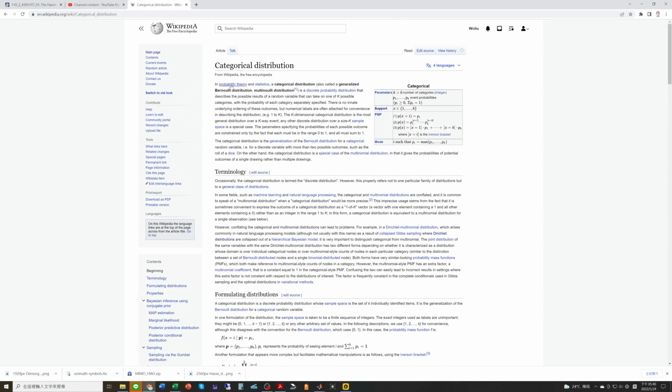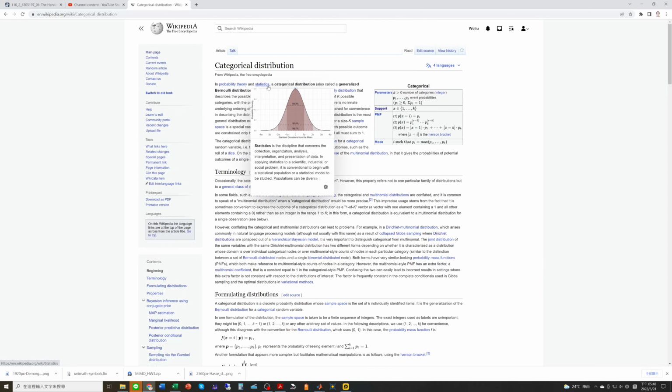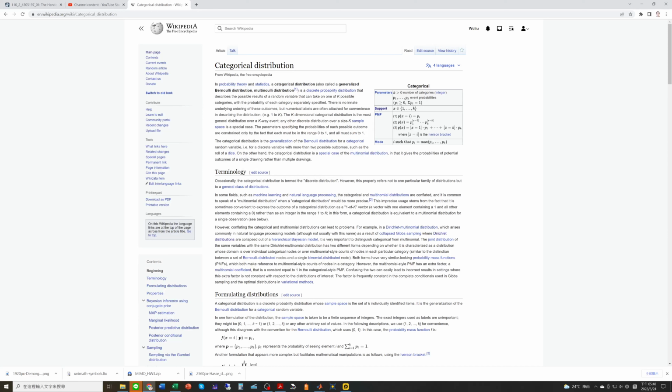Okay, in probability theory and statistics, a categorical distribution, also called a generalized Bernoulli distribution or multinoulli distribution, is a discrete probability distribution that describes the possible results of a random variable that can take on one of capital K possible categories, with the probability of each category separately specified.